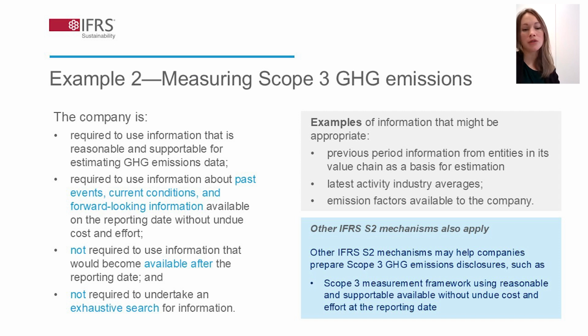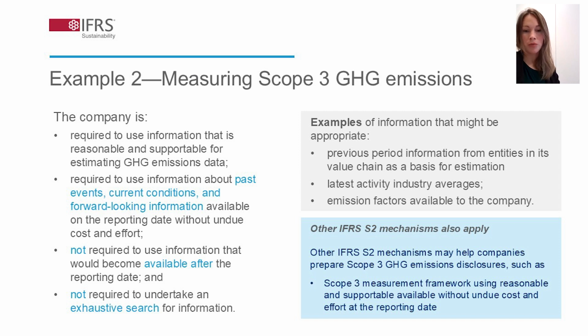So, these include information from prior periods from entities in its value chain as a basis for estimation. It includes industry average data for specific activities in the value chain, for example, information from published database, government statistics, literature studies, and industry association. It also includes emission factors that are available to the company.